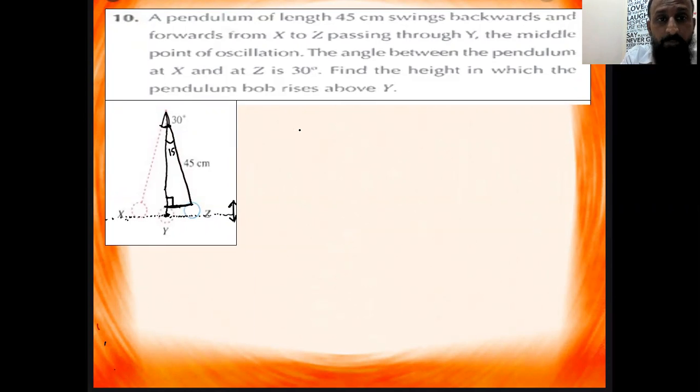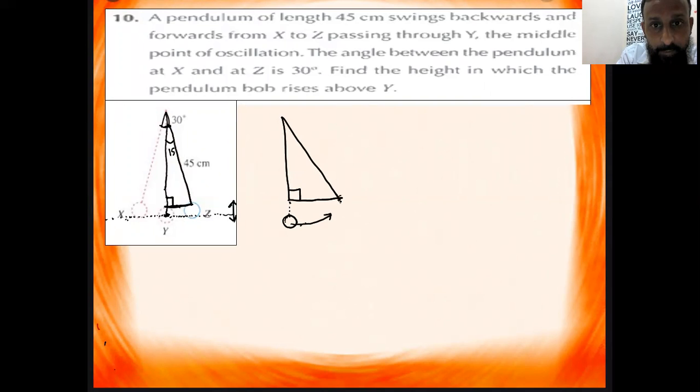Above y, if I can show you with another figure like this, this is it. Now, this is a right angle triangle, right? Initially, the bob was somewhere over here. When it moved in this direction, it has raised to this height. Is that clear, boys and girls?